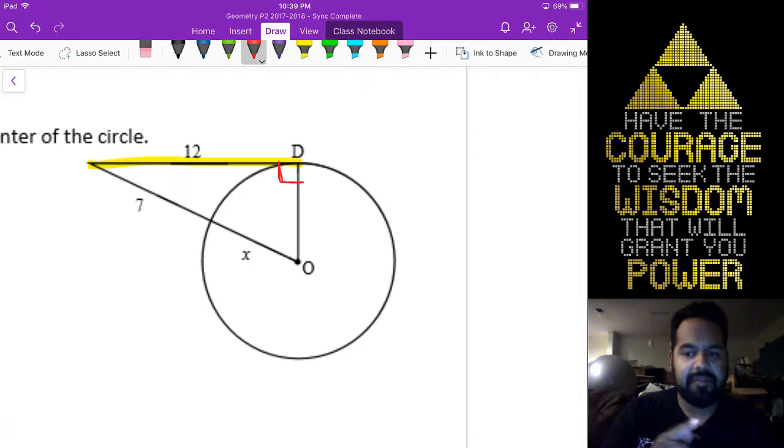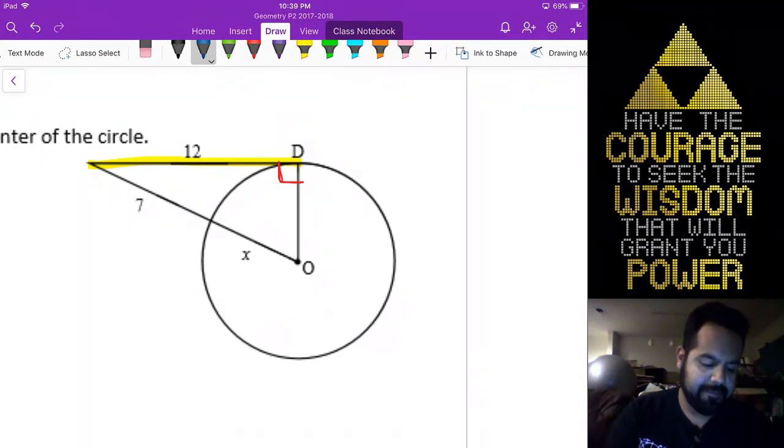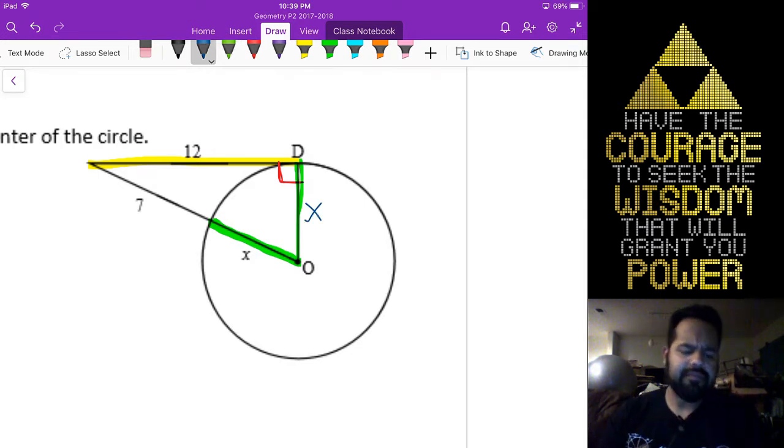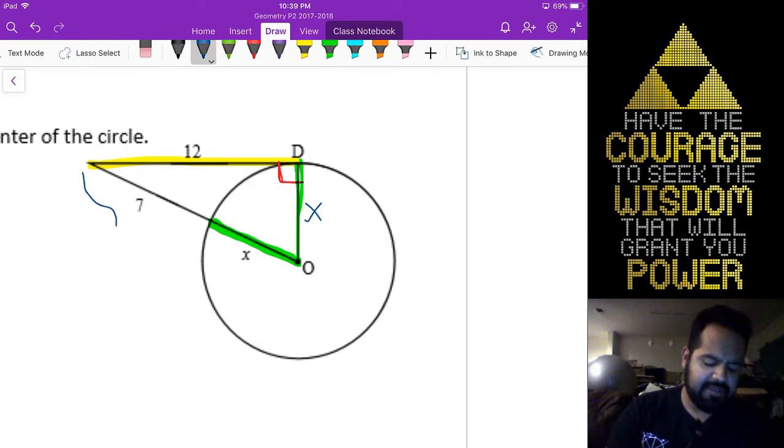Well, if you remember from the last lesson, I told you all about how crucial it is to be able to identify your radius and be able to rewrite it in different parts of the circle. So this radius here of x is the same radius here for x. So we're going to say that this is x. And now we can say that the total length here is x plus 7.